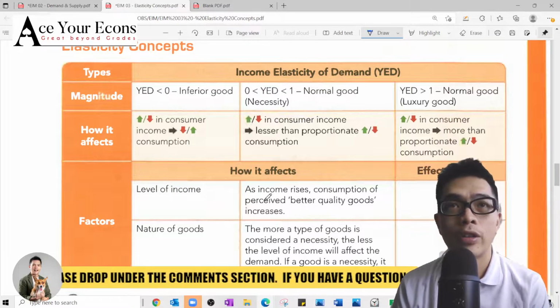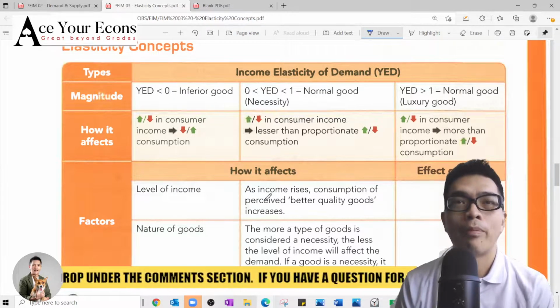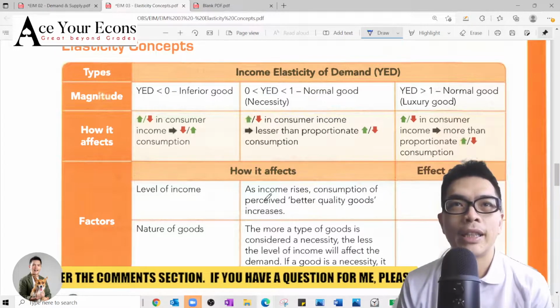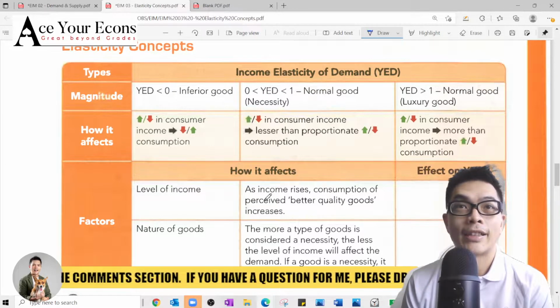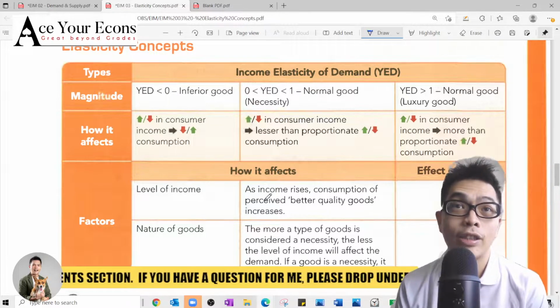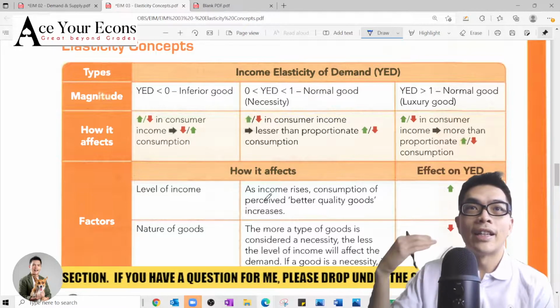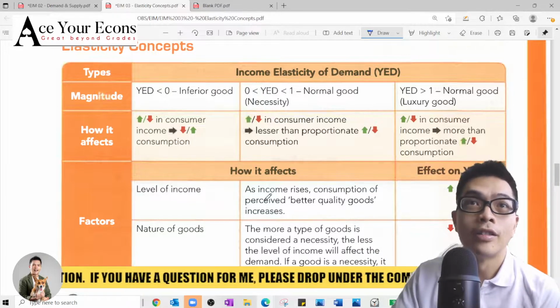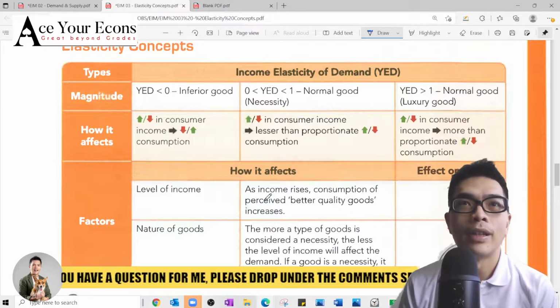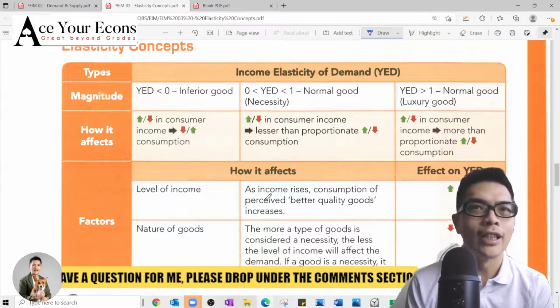Make sense? So the perception of the good, or the YED value of a good, depends on the starting income of individuals. For normal SES people like us, we probably deem public transport as a necessity good, and maybe Grab or private hires as a luxury good. But it does not necessarily be the same for super high income earners. Grab to them may be a necessity: I need to be here, I need to be there.